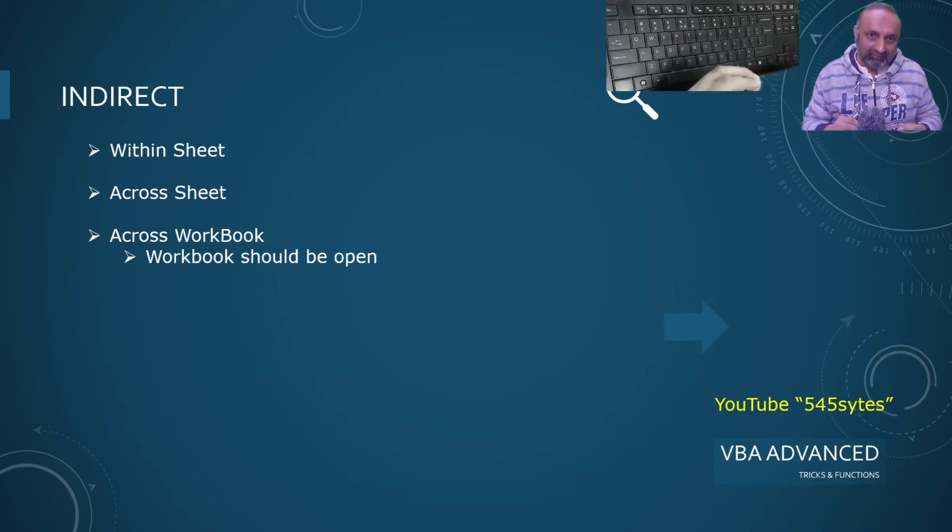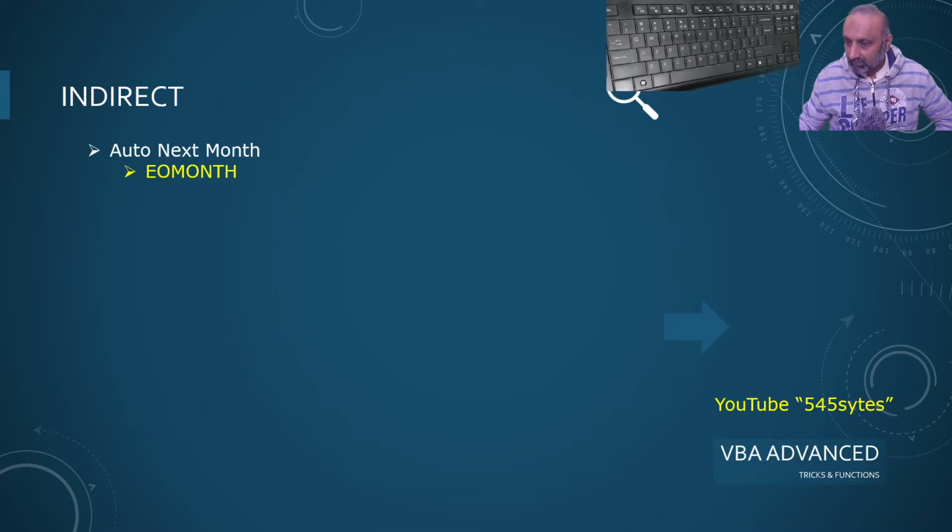Like in a direct reference, the last value is saved, but in indirect you need to have your workbook open to keep it working, otherwise the reference error will appear. So this was from the last video. In this video, I'm going to share how to use a model which automatically updates its links within next month.